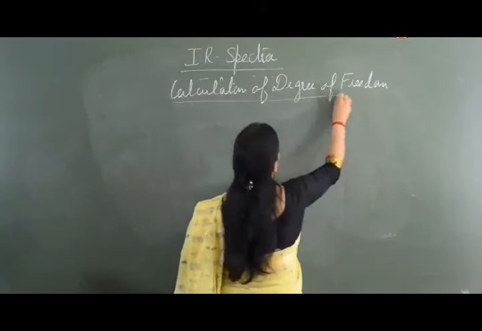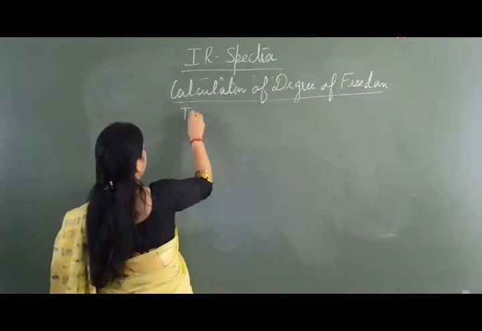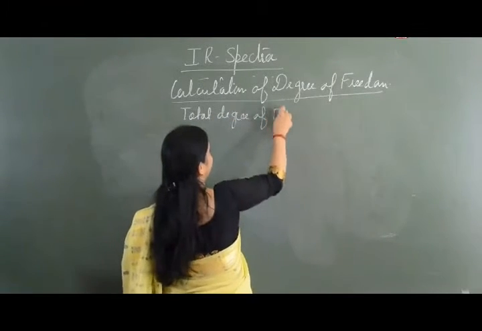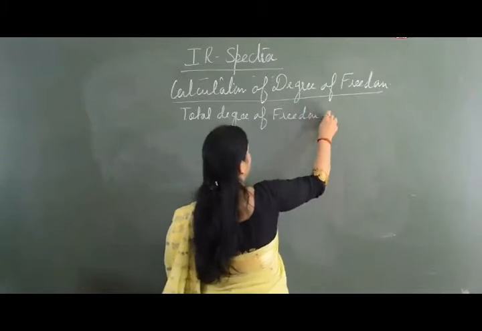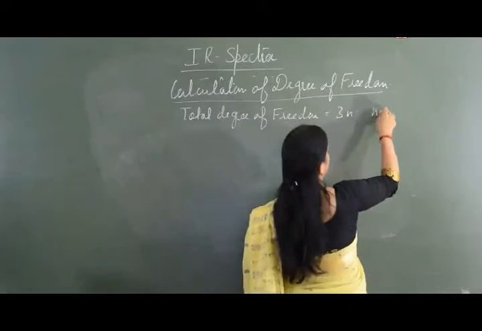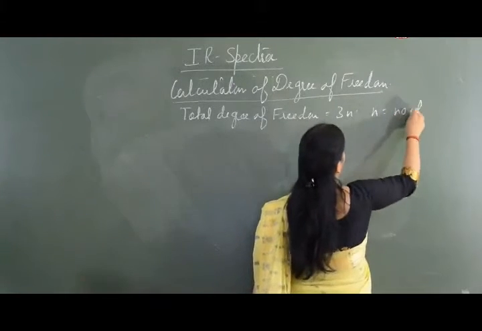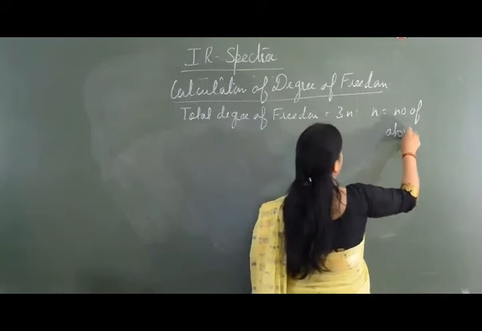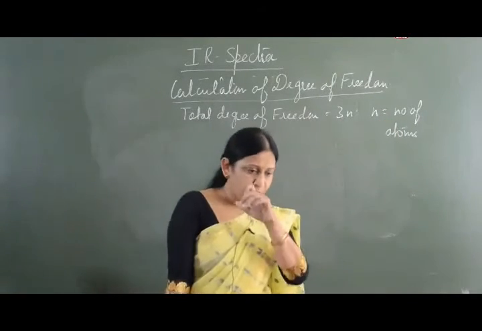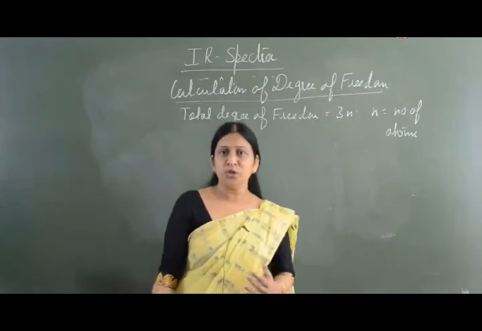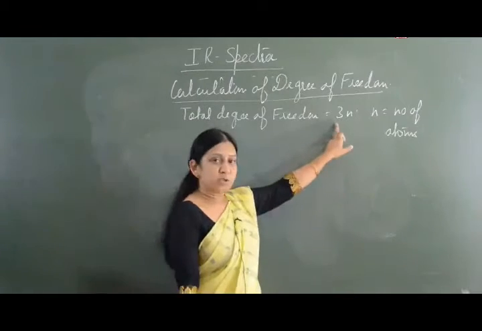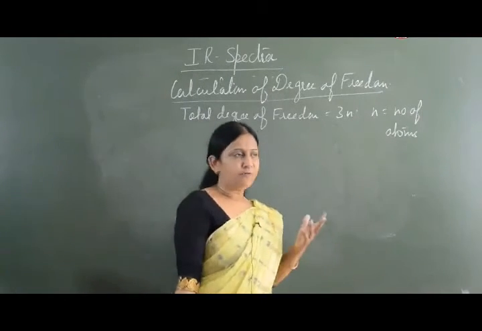So the total degree of freedom in a molecule is given by 3n, where n is the number of atoms, and 3 refers to the three types of freedoms we are going to consider: translational, rotational and vibrational. So because of this we are writing this 3, and n stands for the number of atoms.